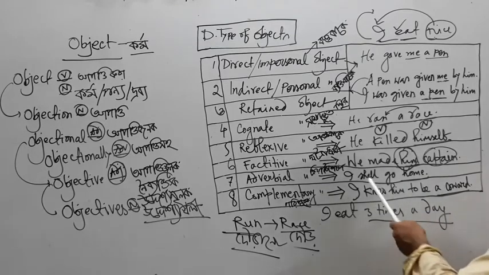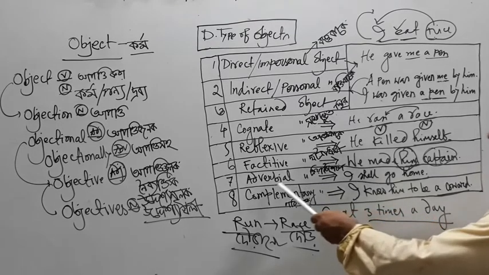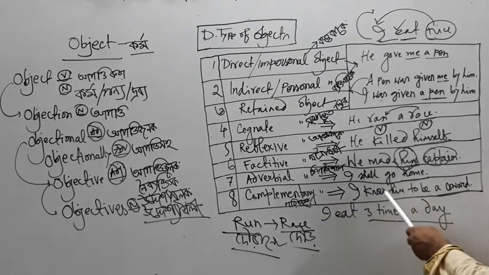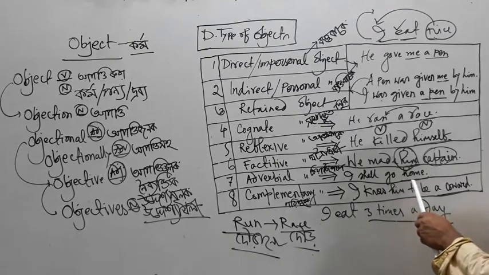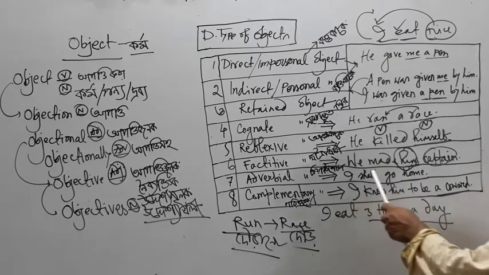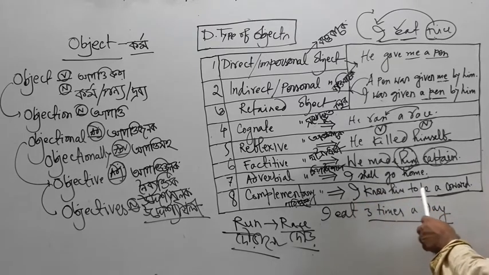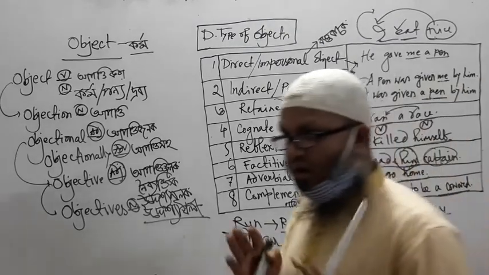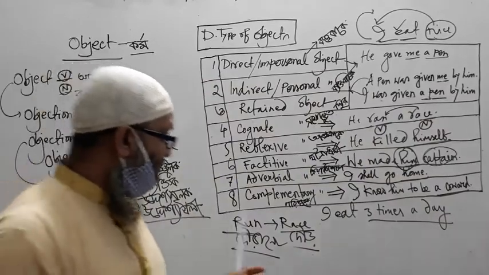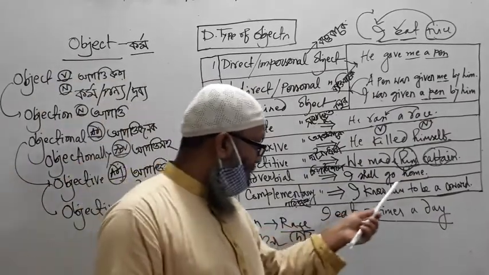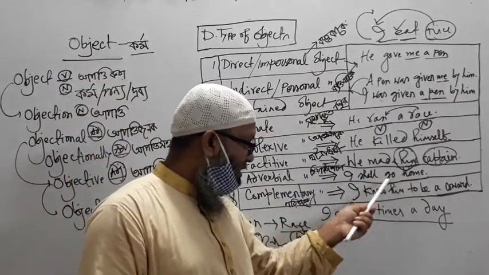Okay, in this way we can use an adverbial object. But they cannot be turned into passive voice because they are not regarded as transitive.